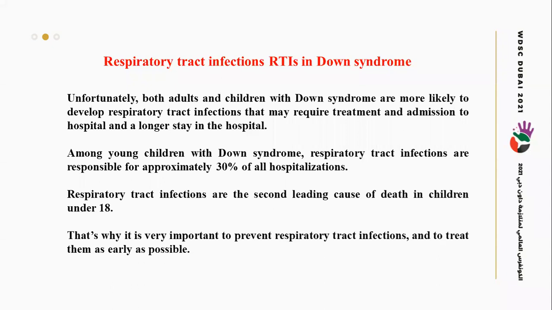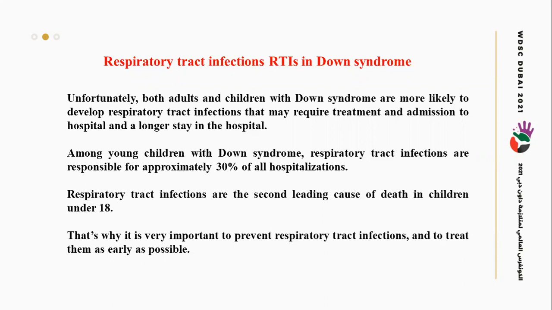It's estimated that among young children with Down syndrome, respiratory tract infections are responsible for approximately 30% of all hospital admissions. If we take all admissions for a group of Down syndrome individuals, for example, for 1 year, we will find that 30% of these admissions were because of respiratory tract infections.